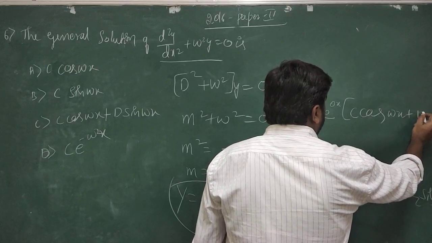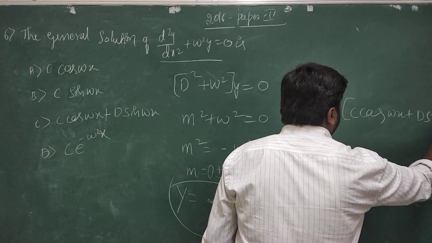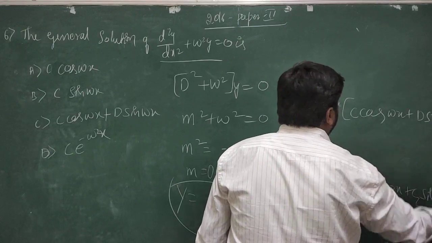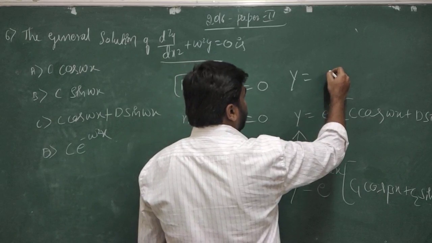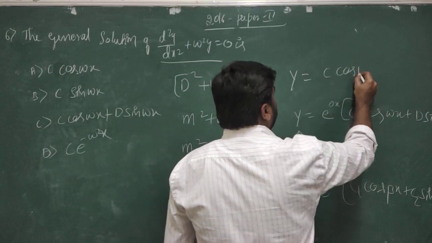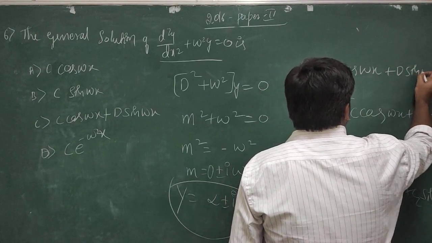So y is equal to c cos omega x plus d sin omega x.